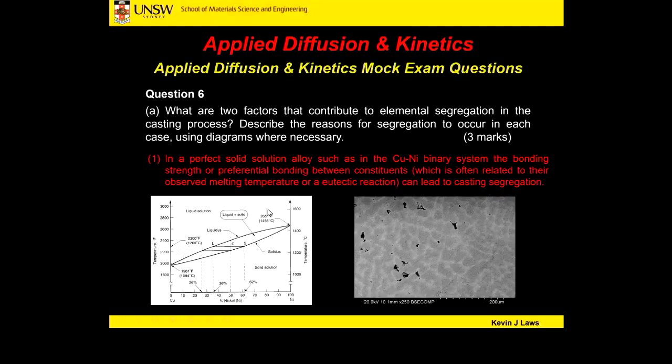Our nickel-nickel bonds are a little bit more favoured as we're reducing temperature than copper-copper or copper-nickel. Hence we end up with a segregated structure, where at the core of our dendrite these preferred bonds form first at higher temperatures during the solidification process, and as we continue to solidify at our boundaries, we have segregated to something that's more copper-rich.